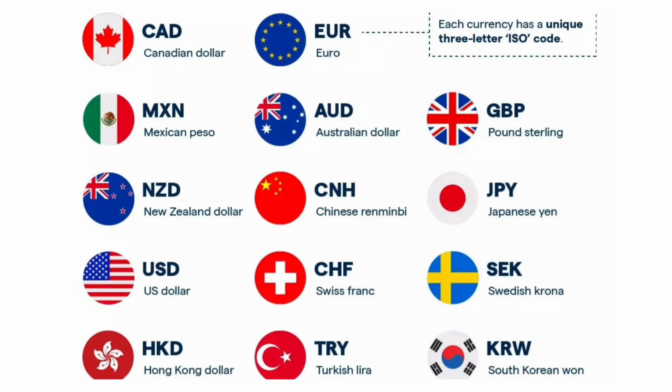We have USD, which is United States dollar. We have HKD, which is Hong Kong dollar. We have NZD, which is New Zealand dollar. So often, the first two letters represent the country, while the last letter represents the currency of that particular country.